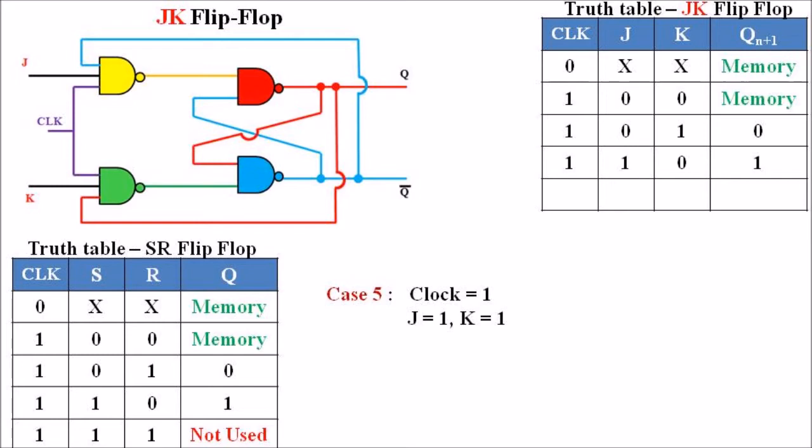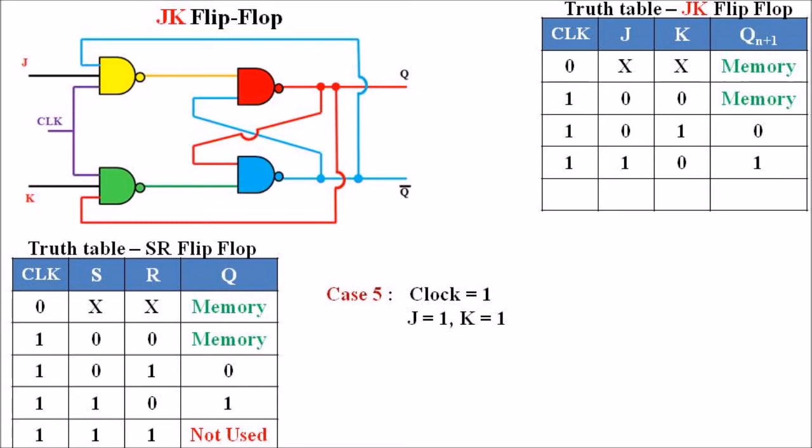Until this condition, both the SR and JK flip-flops are similar. The only difference is that in the SR flip-flop truth table, S equal to 1, R equal to 1 for a clock signal of 1 is an invalid case, and this should be overcome with the help of a JK flip-flop.